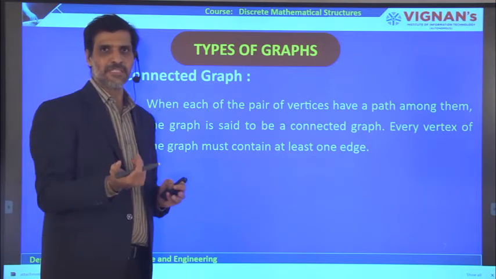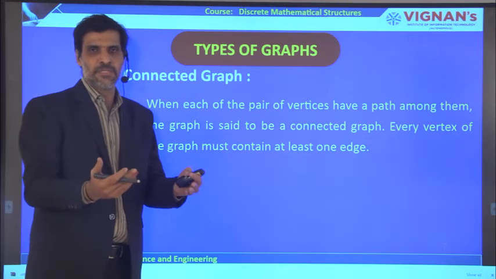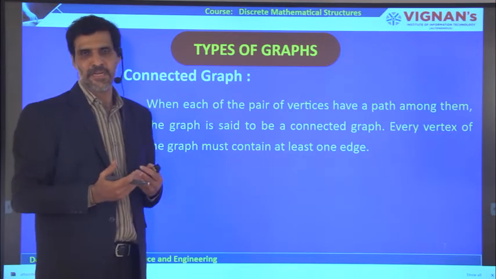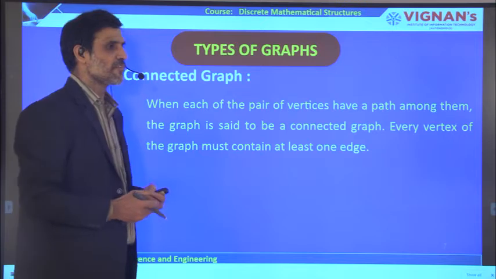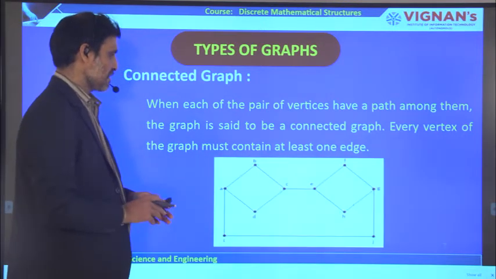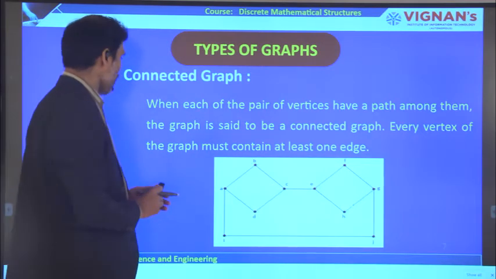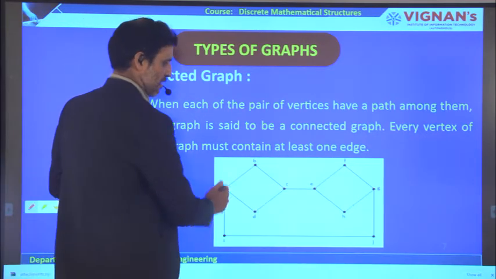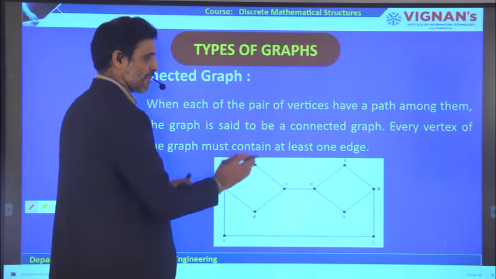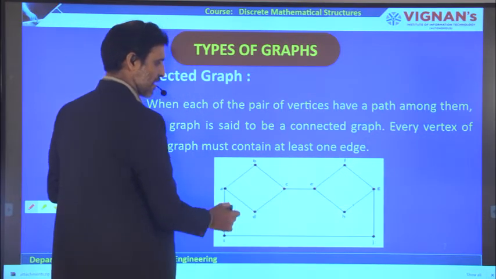The meaning of connected is nothing but that there should be some connection between the given nodes. Then only we can say that it is connected. That is the definition of a connected graph. So let us come to this case. Here if you observe this particular graph, if you go through all the vertices, all the vertices are connected by some edge, and these two are connected, and these two are connected, and these two are connected.